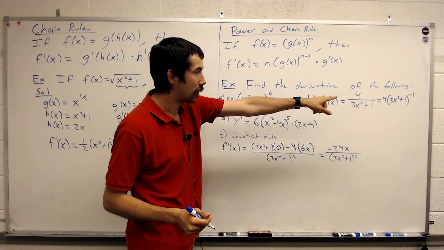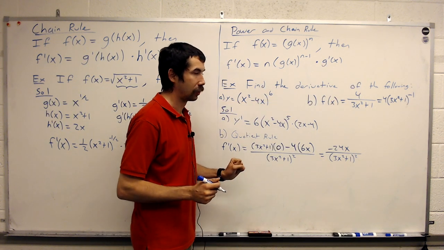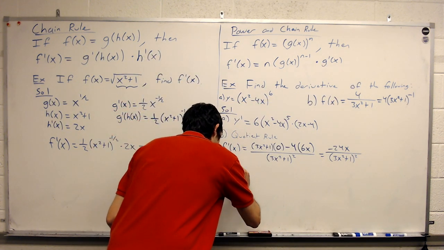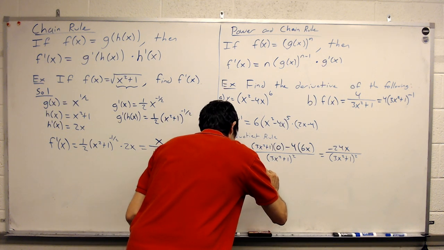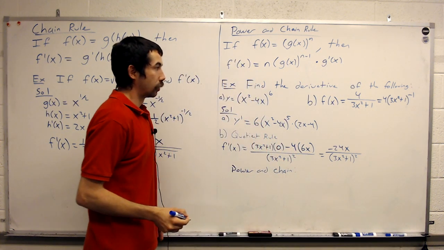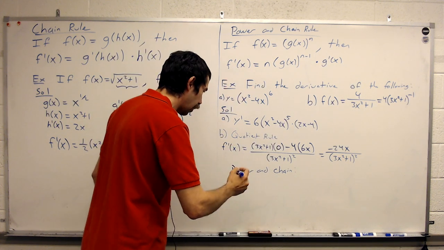All right, and so now I'm going to take the derivative of that using the power and chain rule. So what do we do? We bring the power in front.